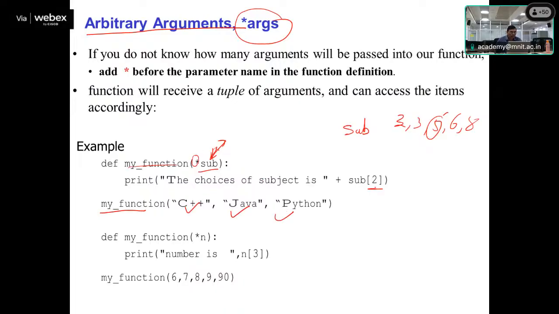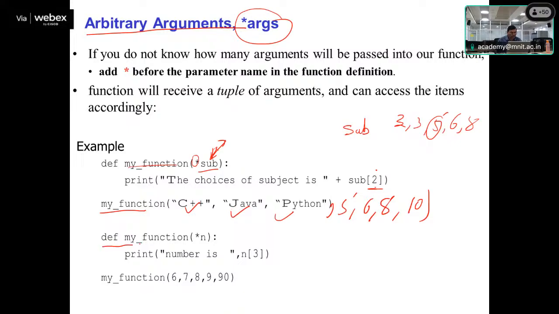So sub will take 3 arguments, and from this it is going to display the third argument. Or if you want, I can give more arguments here also. Okay. 5, 6, 8 and 10. So that way we can give any number of arguments when we call, and we will not get any error. It says that this function is supposed to take any number of arguments. That number of arguments will not be known in our function before calling it.